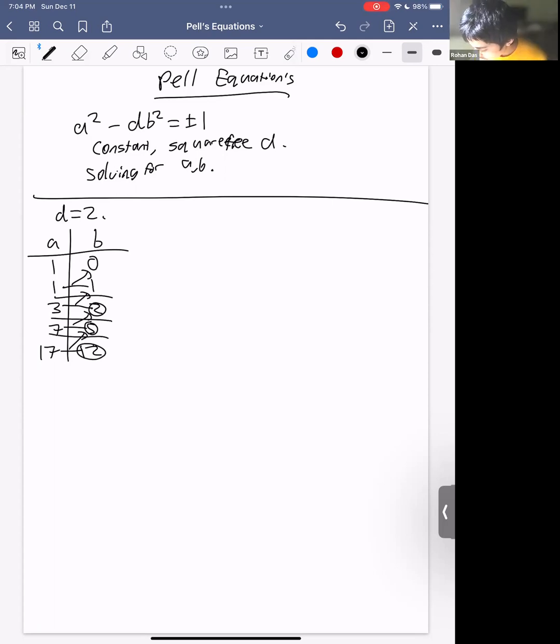So it seems that if we have some a, b, this value is going to be a plus b, and this value is going to be a plus 2b.